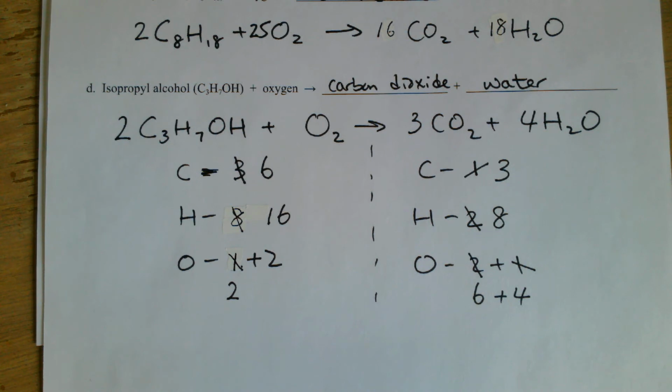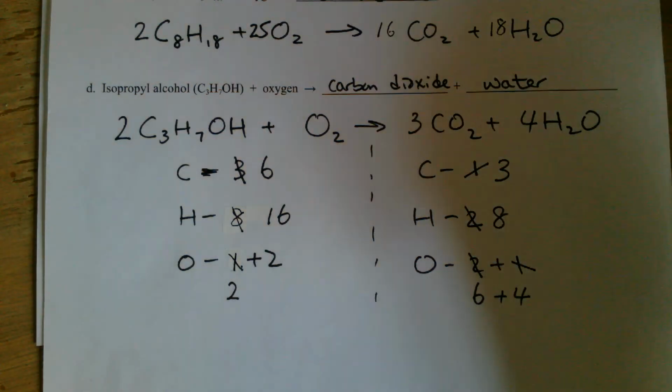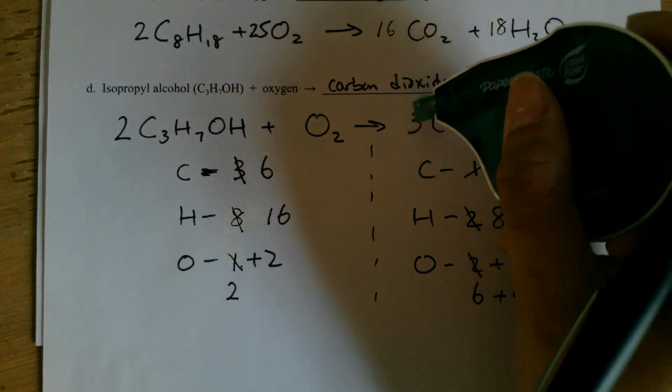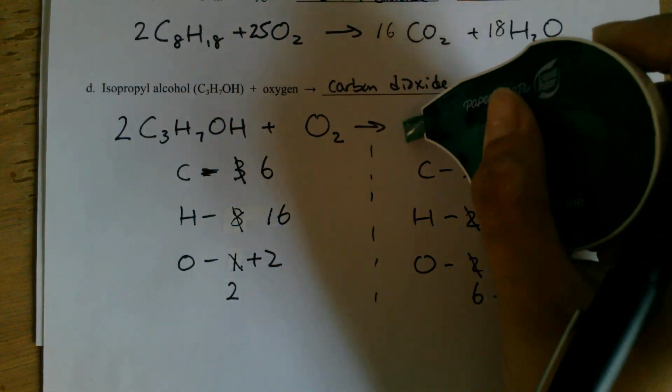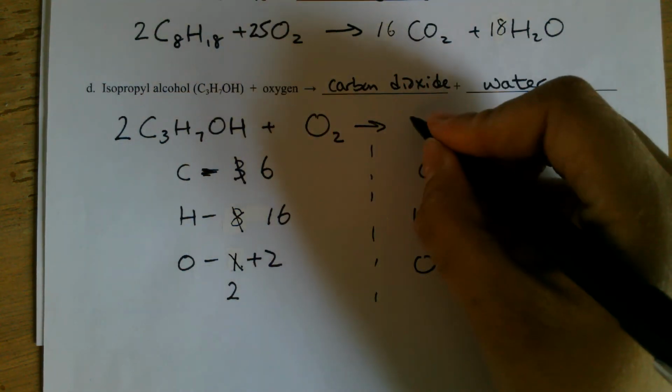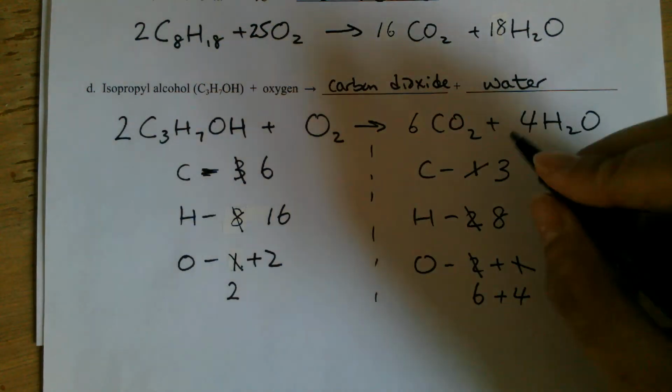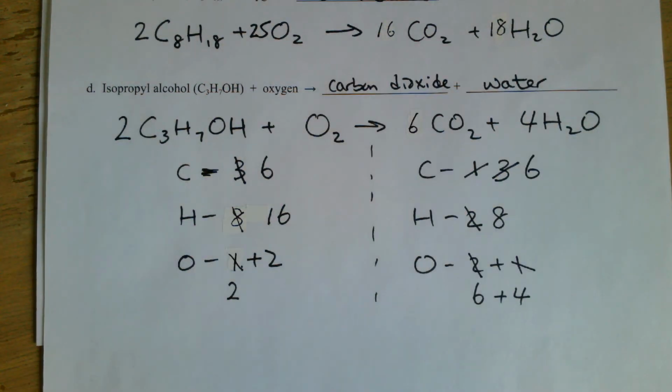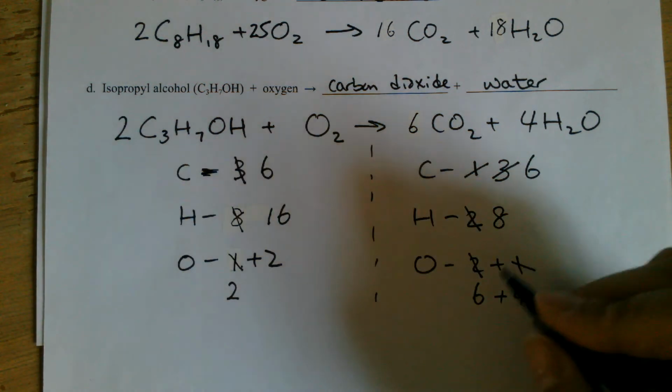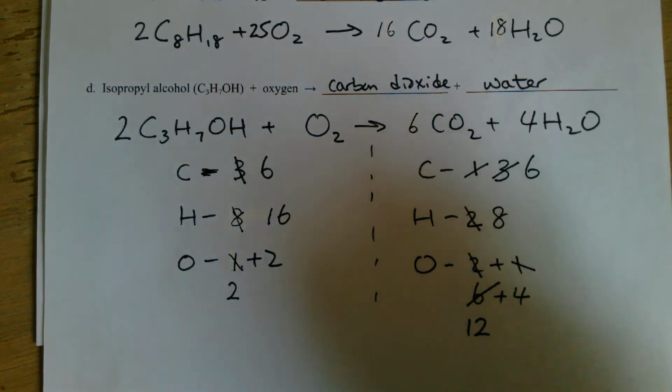Well, now we have 3. Well, 2 times 3 gives us 6. So which means instead of multiplying CO2 by 3, we want to multiply CO2 by 6. That would give us 6 carbons and 12 oxygens.